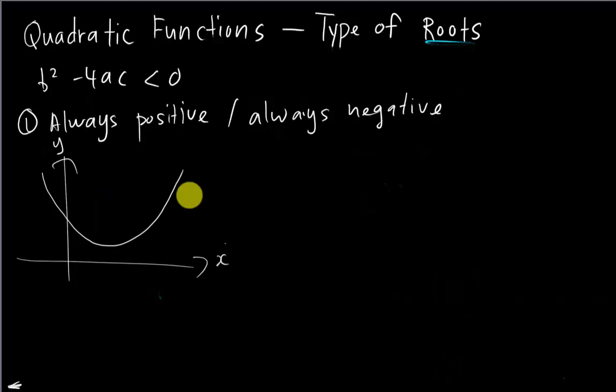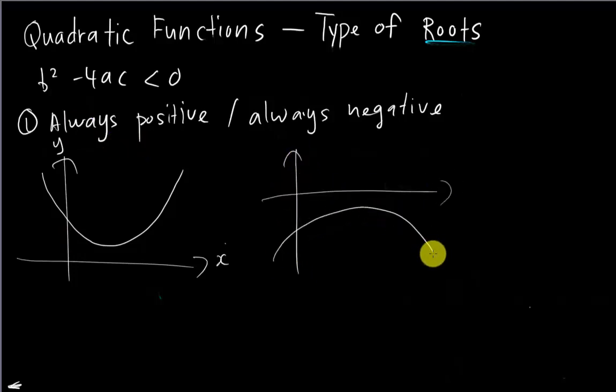It means the curve itself does not touch the x-axis. The y-axis we don't count. We only count the x-axis because you want to find the x value, correct? So whenever you see always positive or always negative, this means the curve doesn't intersect with the x-axis, so it means b squared minus 4ac is less than 0.